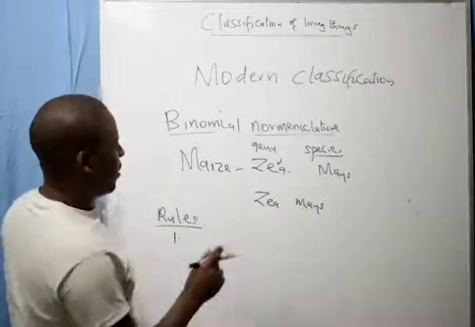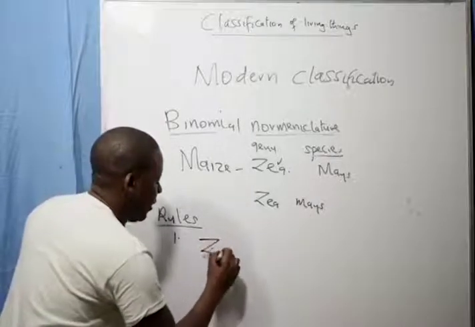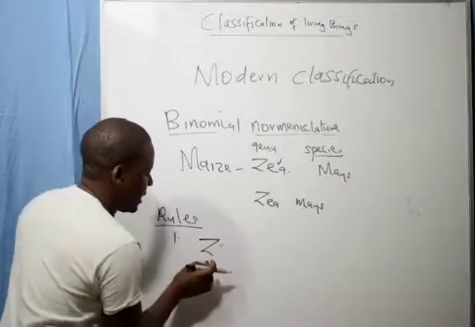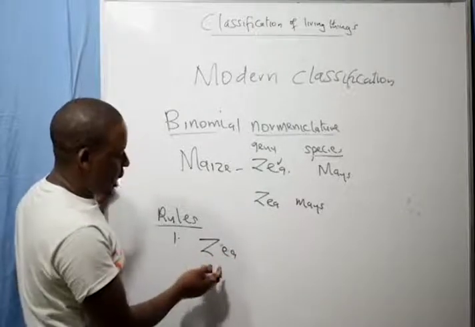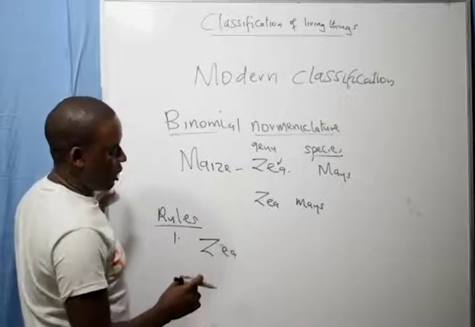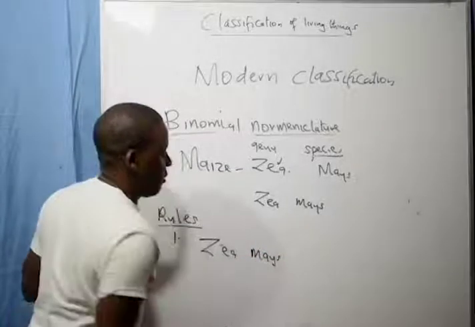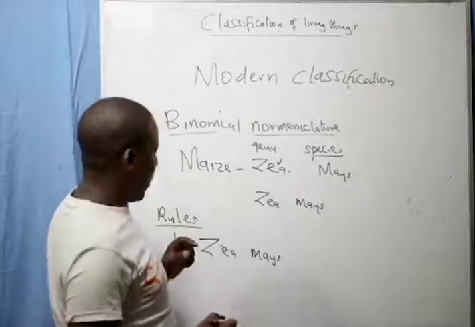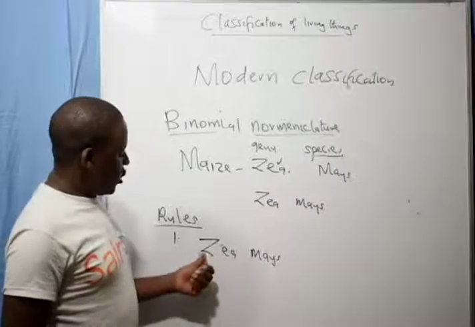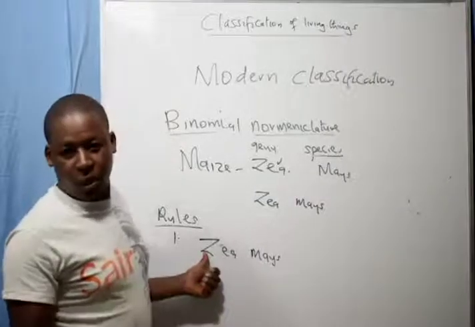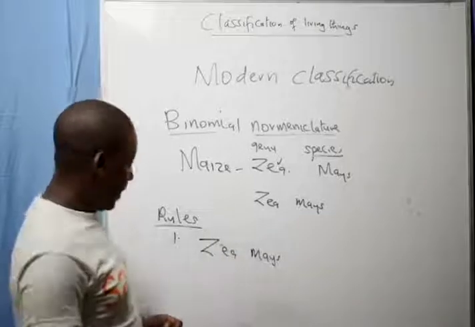For example, if I'm writing Zea maize, I'll write Zea, where Z is a capital. All other names should be small letter. That's a rule that applies every time you're writing a scientific name. The genus name must start with a capital letter, and other names must be small letter.